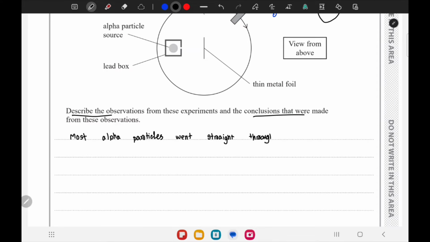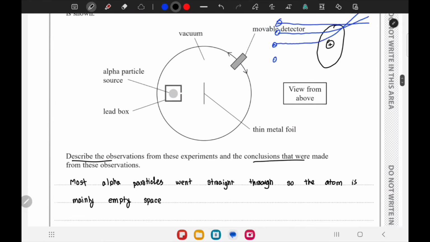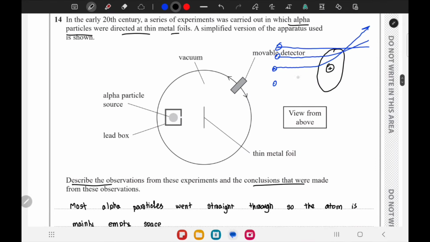And we have to write what conclusion we draw from this observation. Now we have to talk about these alpha particles which deflected.